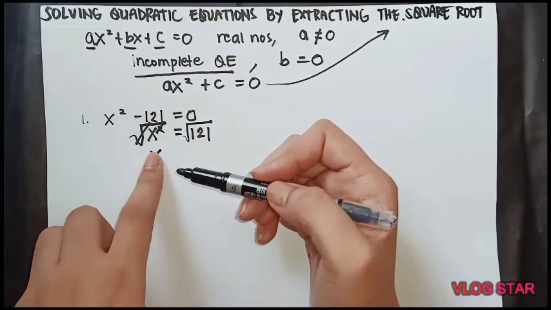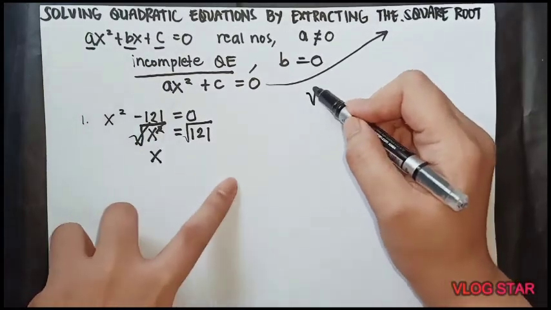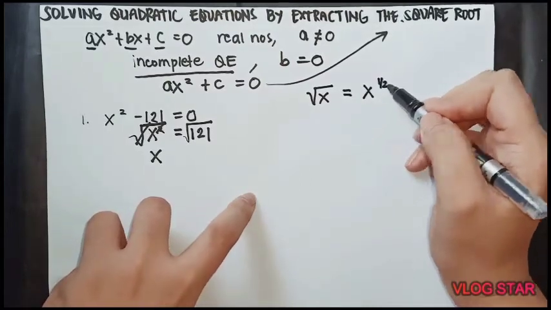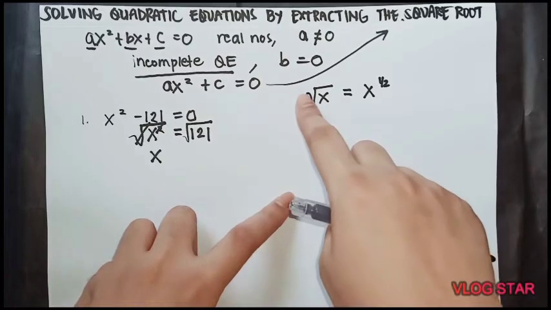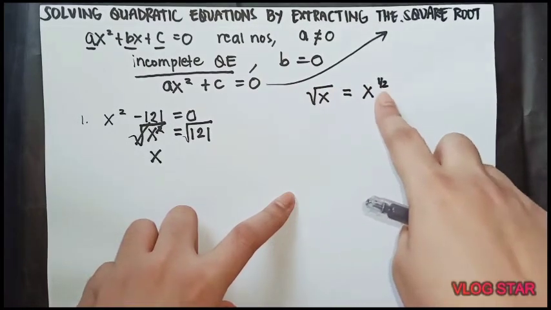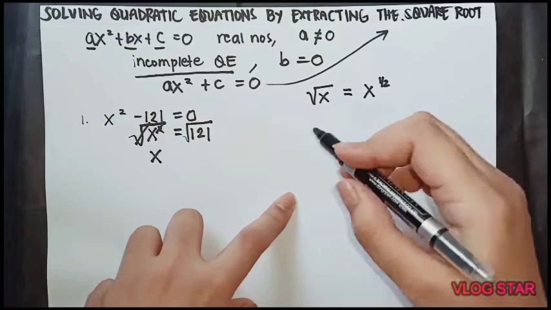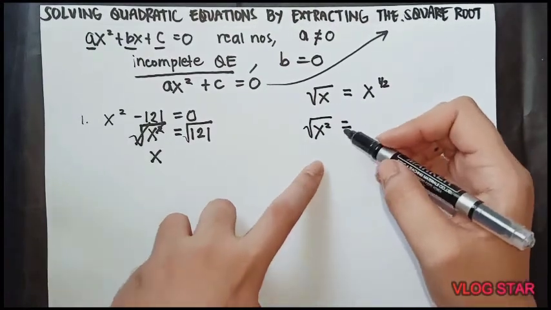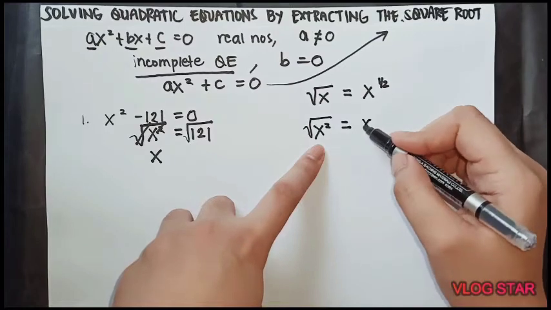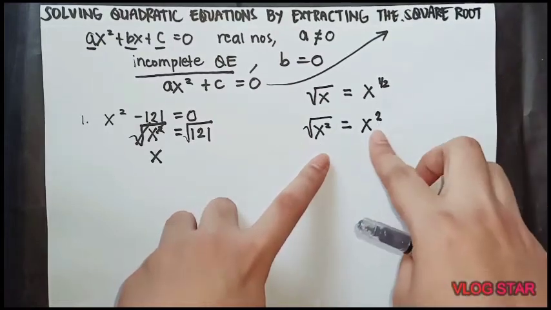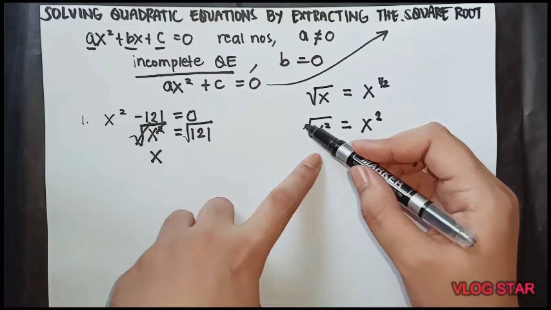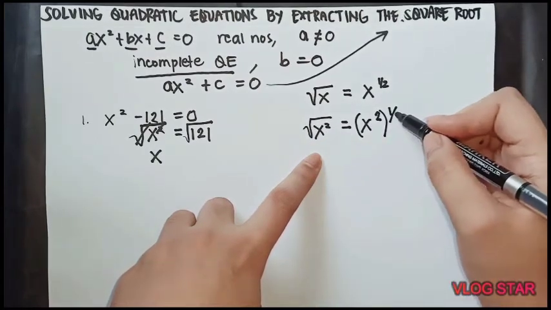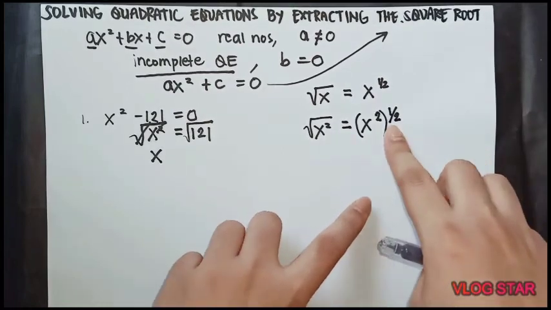So how did this happen? Remember that the square root of x is equal to x raised to 1/2. So the radical sign denotes an exponent 1/2. So when we have the square root of x squared, this is equal to the term inside the radical sign, x squared, and then the radical sign, which is equivalent to an exponent 1/2.